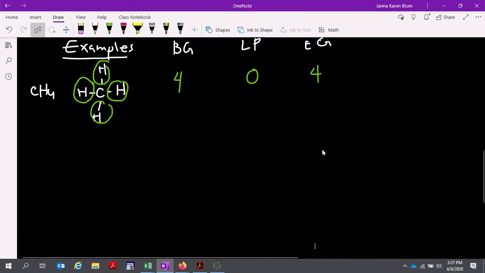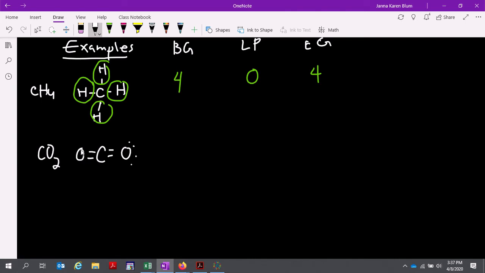Let's make room for some more examples. The next example that I want to look at is carbon dioxide. We looked at that in the first video. We can draw a carbon dioxide Lewis structure here. It's double bonded to 2 oxygens. We first have to identify bonding groups, and the bonding groups here is 2. Be very careful. Do not calculate each line separately.